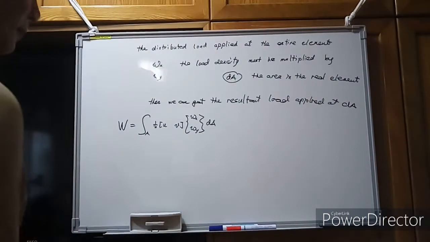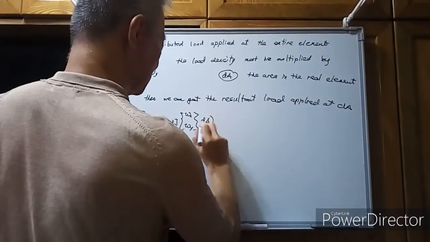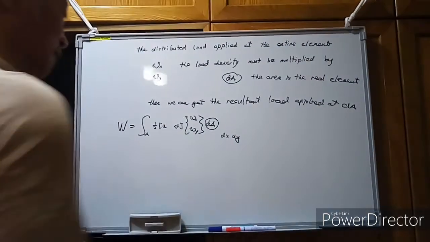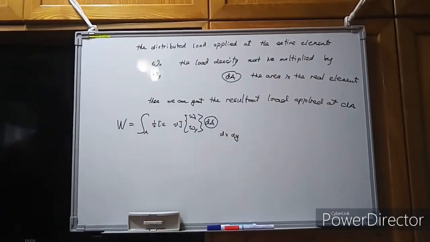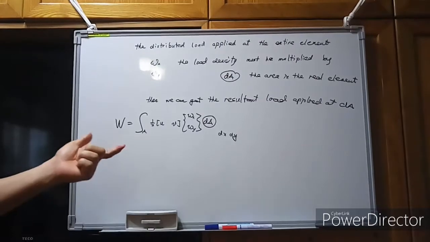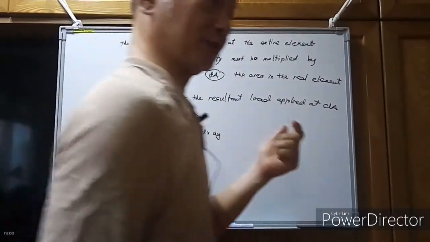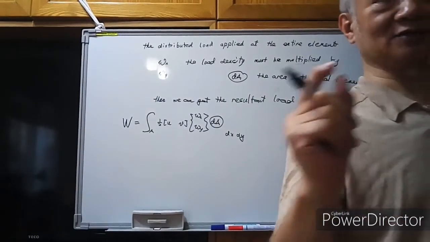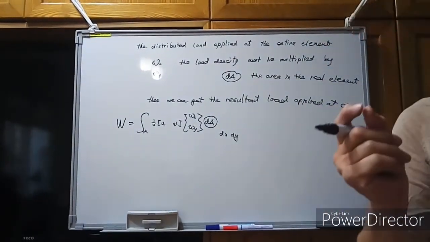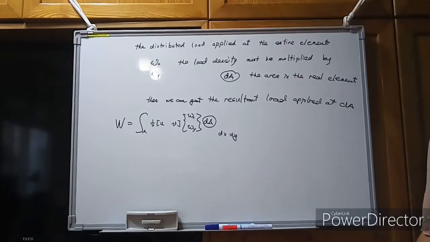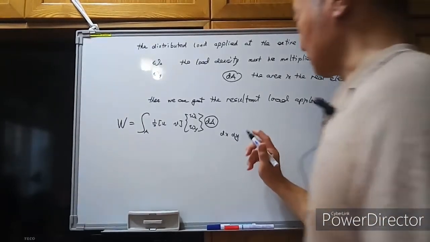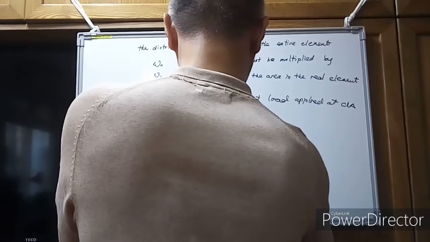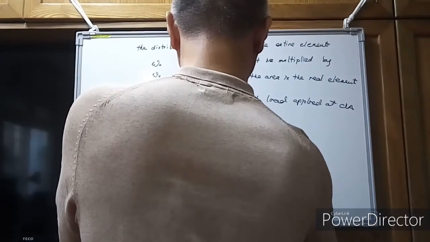The dA, we can replace it by the dx and the dy. Since the x and the y are the orthogonal coordinate system, the x is perpendicular to the y. So we can multiply the dx and the dy to get the dA, the area of this. And the dx and the dy is also equal to the Jacobian times d xi and the d eta.